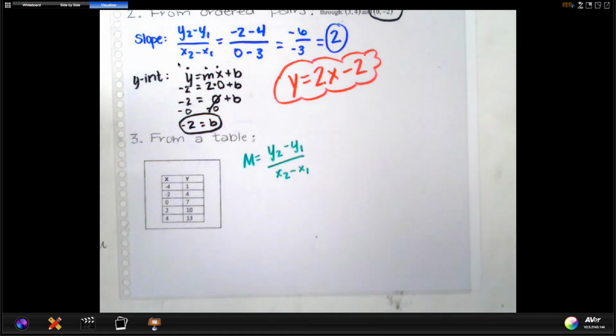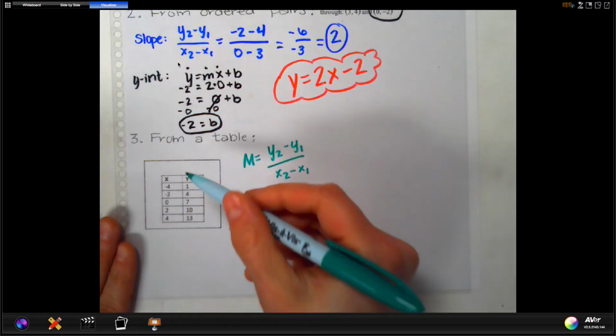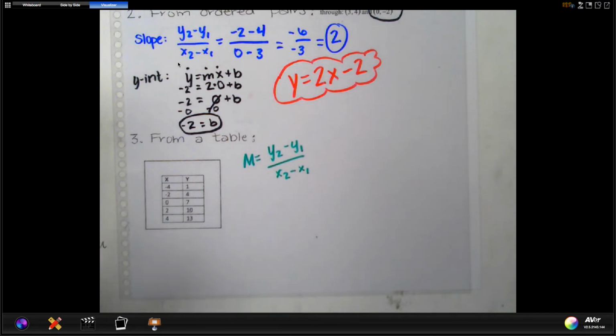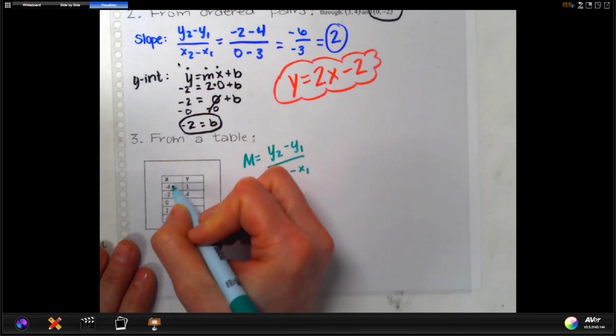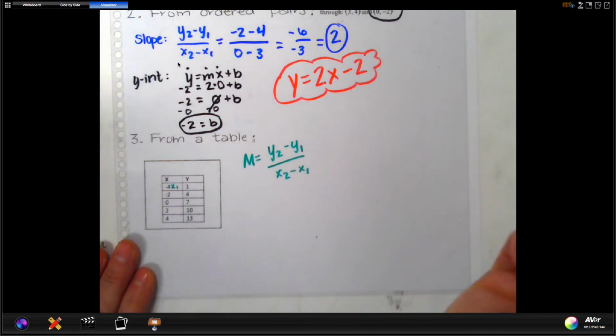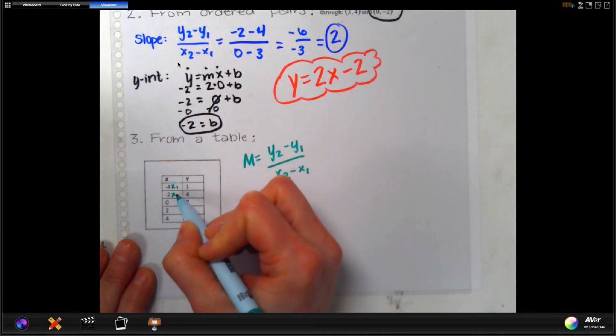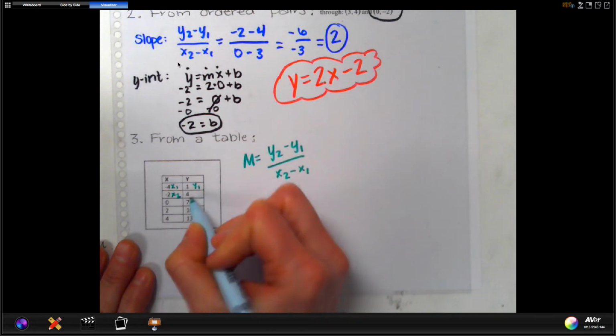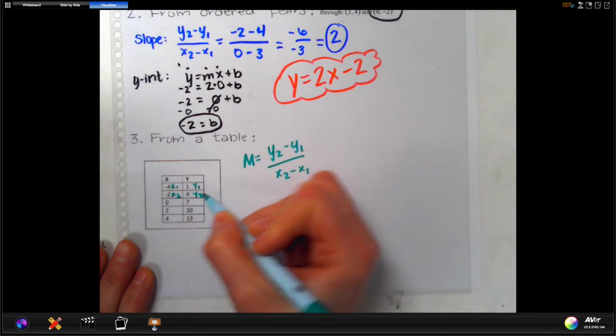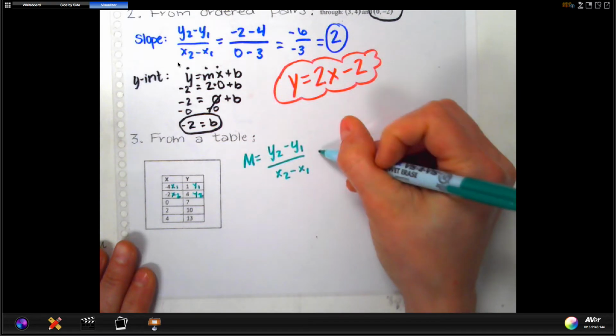And so what you can do is actually choose any set of ordered pairs. To keep consistent with my class, I just start with the top 4. So this is our x's, so this is our first x, that would be x1. Here's our second x, x2. This is our first y, so y1. Second y, y2. And so then we plug them into the formula.